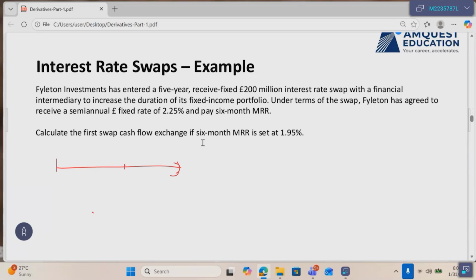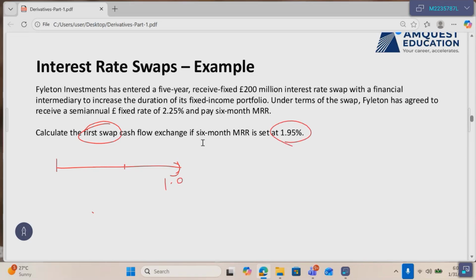So you have to find out what the cash flow is for the exchange, and then based on it we're going to follow. Now they're telling you, for the first swap, I'm giving you the information. The exchange rate is 1.95.